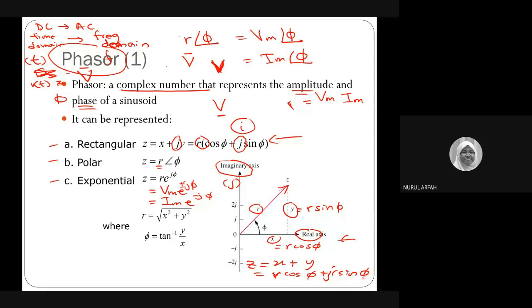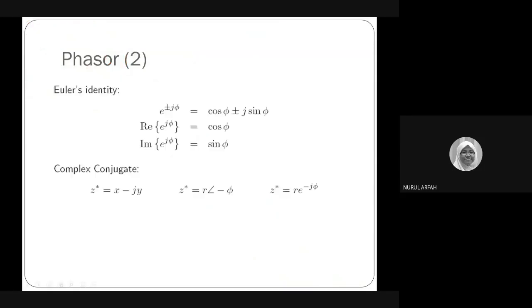Because you want to differentiate between this v with respect to time and the phasor form. Sometimes the small letter you can just write as v only without the t, but you understand this is with respect to time. Right. So if you want to solve an AC problem, it is better to put it in phasor form, so it is easier to solve.